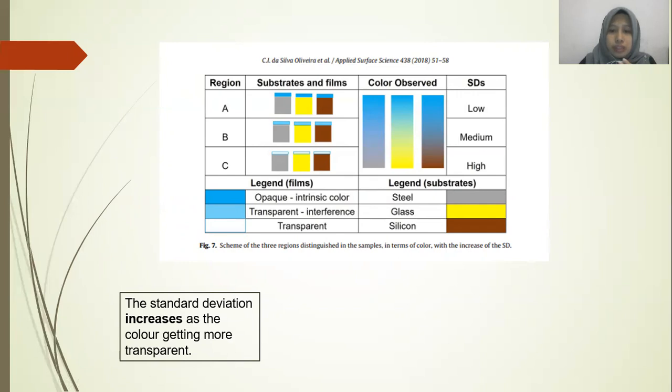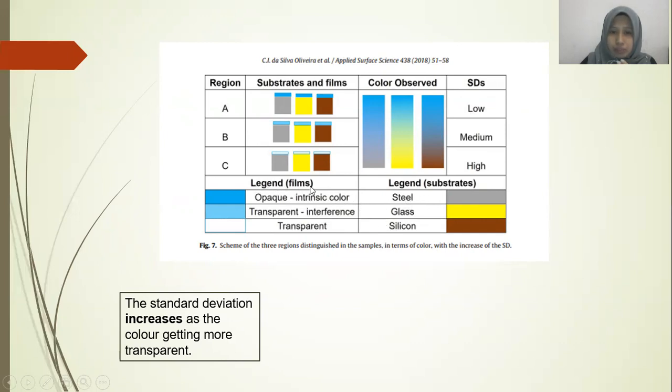In region B, the color observed will be medium because the standard deviation is intermediate, and in region C, the color observed has a high standard deviation.